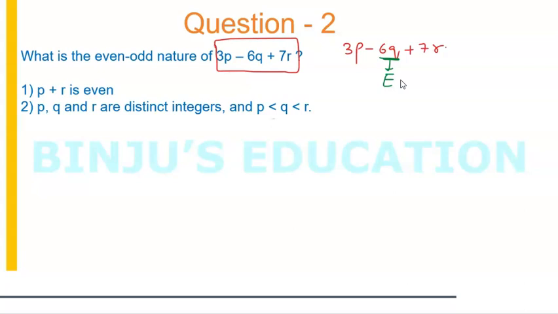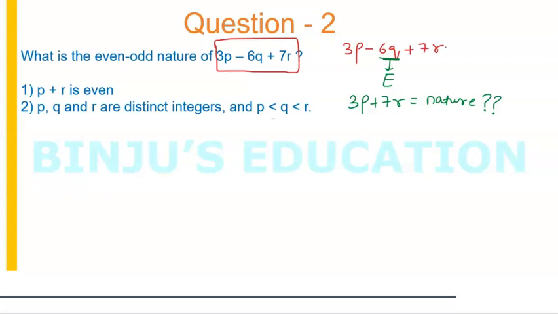Which means the actual question is only about one thing, that is, can you figure out the nature of 3p plus 7r? That's the only goal that we have. Because 6q will be even. Whether you can figure out something about q or not, it doesn't really matter.